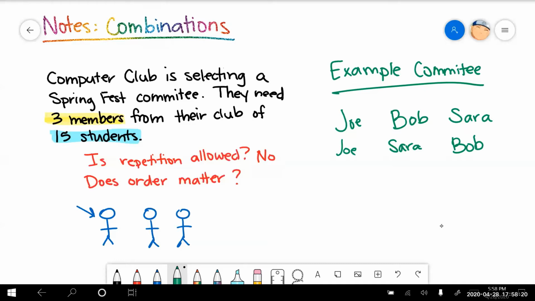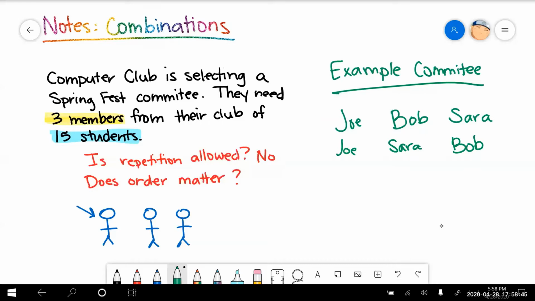If I'm selecting names at random and they come out in a different order, in this scenario, we still have the same committee. These committees are the same. It's made up of the same 3 people, and it didn't matter that Sarah and Bob showed up in a different order. It wasn't an issue at all.